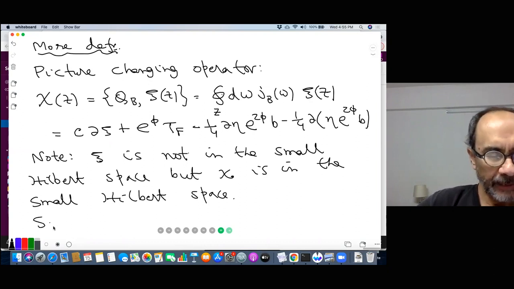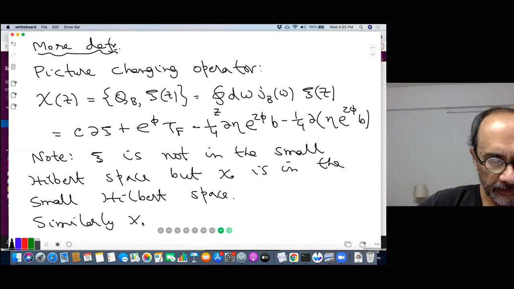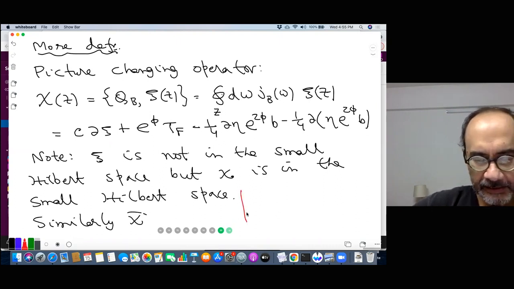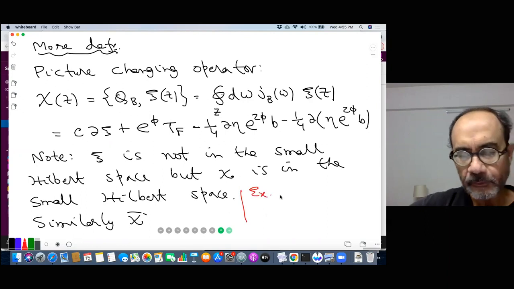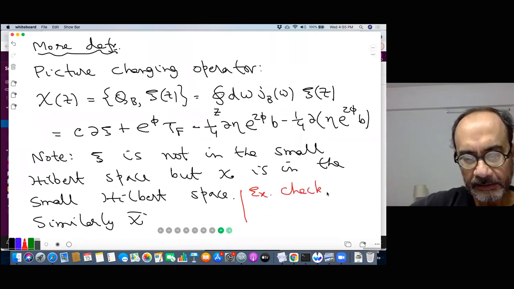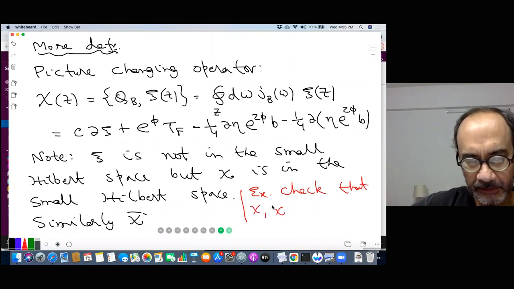Similarly, we can find chi bar. Now, as an exercise, check that chi and chi bar are dimension (0,0) primaries.